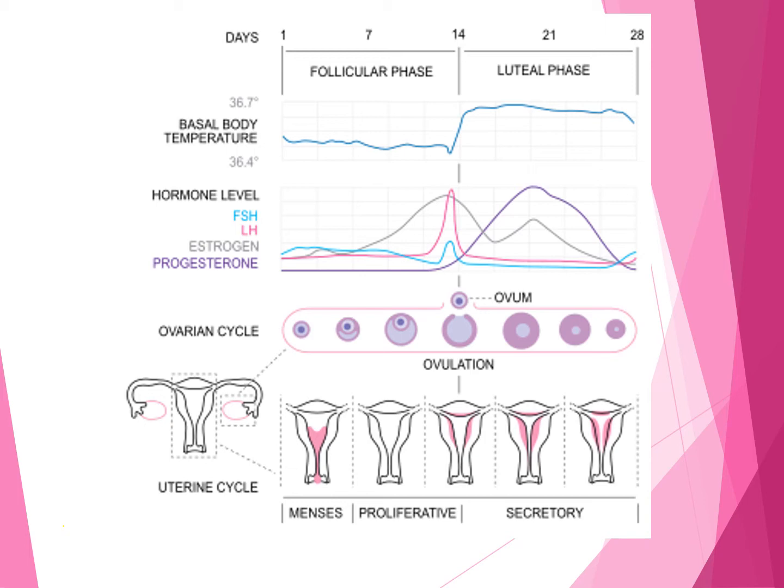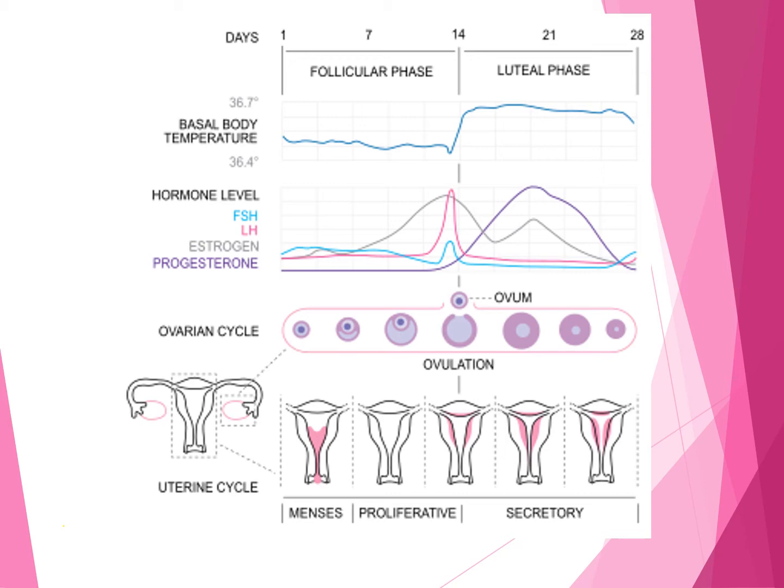And progesterone is less in the first 14 days and then increases in 14 to 28 days. And after 28, or just during 28, it goes reducing, that is, it drops.